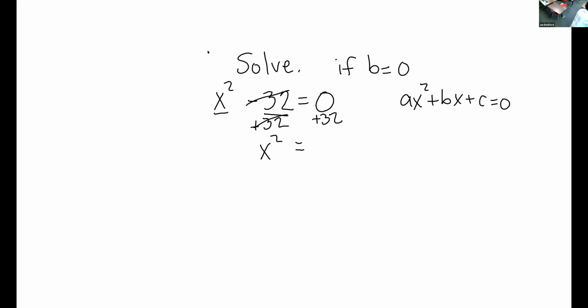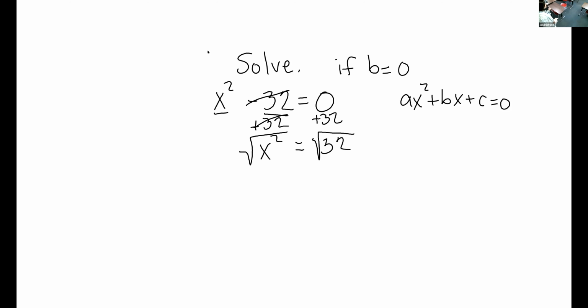So now if x squared equals 32, what would I do next? All right. I need to get rid of the square because I don't really care what x squared equals. I want to know what x equals. So to make the square go away, I'm going to take the square root. Now, have I written this correctly?